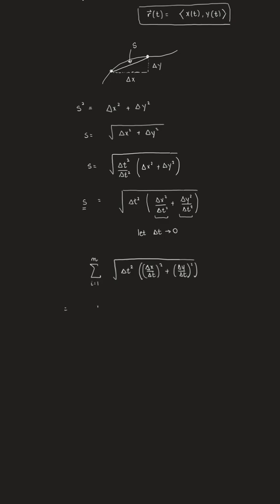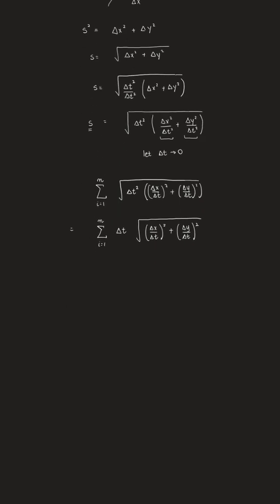Now, this sum gives me an approximation to the length of the curve. We're going to pull out that delta t, because the square root of delta t squared is just delta t. Now we have the square root of delta x over delta t squared plus delta y over delta t squared.